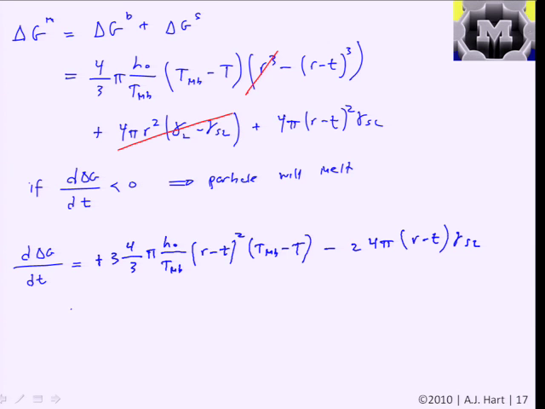So now what we want to do is solve for the case where this is equal to 0. So if we solve for the case where this is equal to 0, we can start canceling. Well, the 3's cancel anyway. The 4 pi's will cancel.